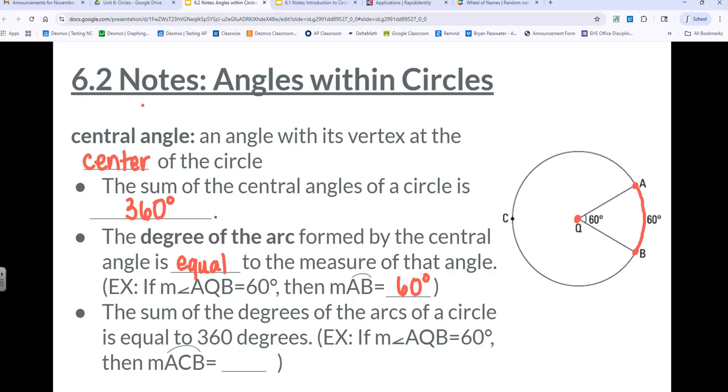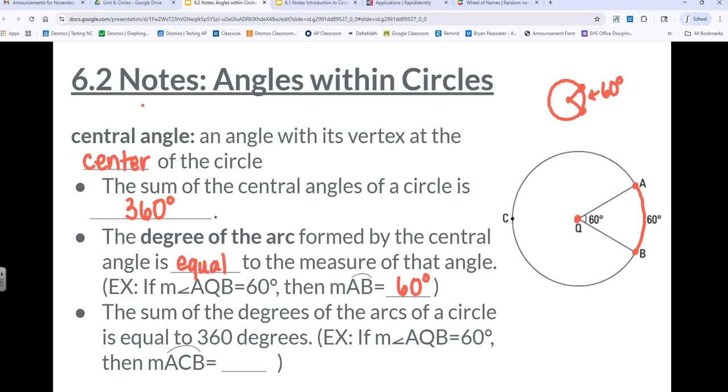It tells you nothing about how big your circle is, right? So I could have a circle like this where that arc is 60 degrees. I also could have a tiny, tiny little circle that looks about like this, and this arc would still have a measure of 60 degrees, okay?